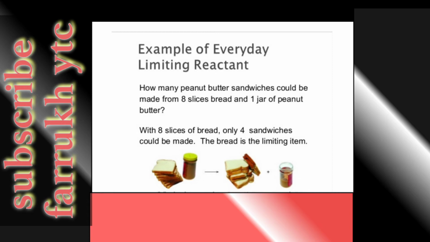We have 8 slices of bread and 1 jar of peanut butter. We mix them well and make sandwiches, and at the end the peanut butter will be left over and all the bread will be consumed. So the bread is the limiting reactant and the peanut butter is the excess reactant.